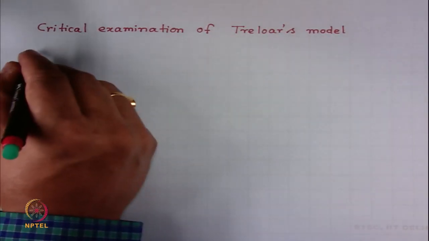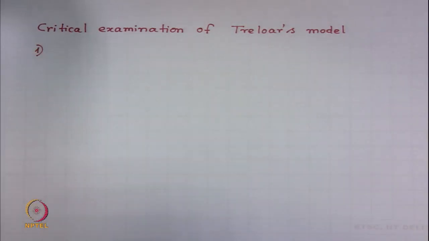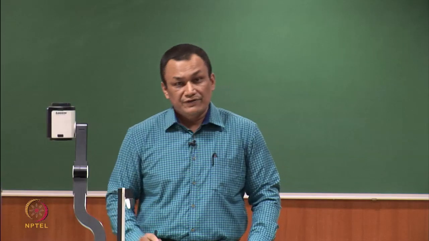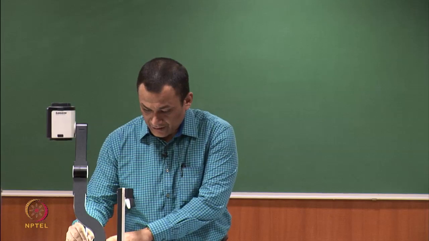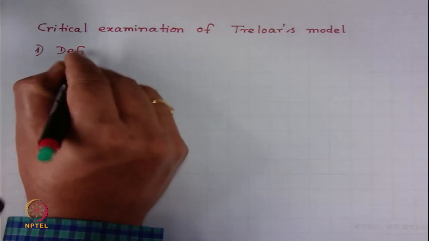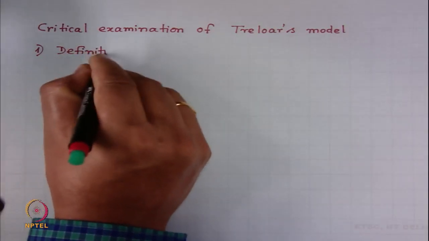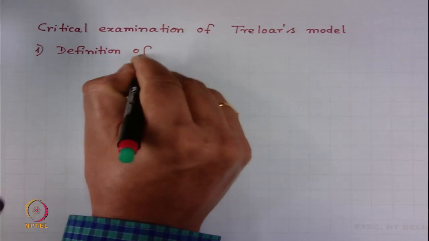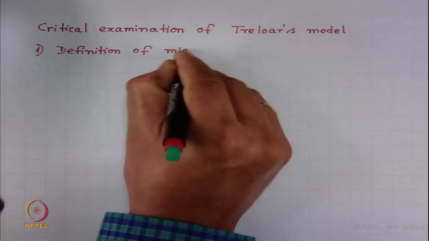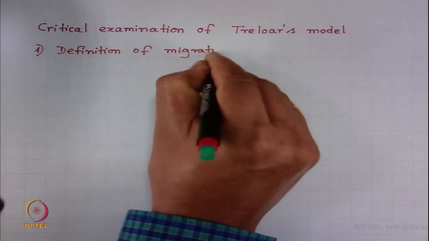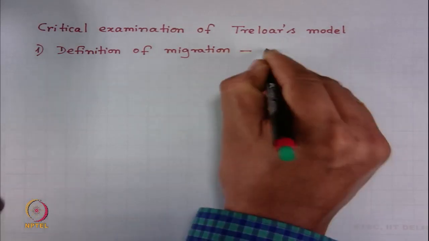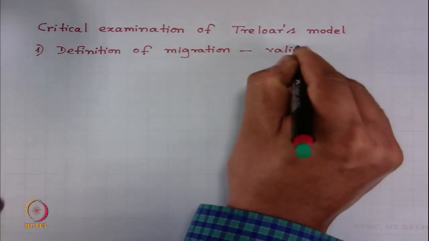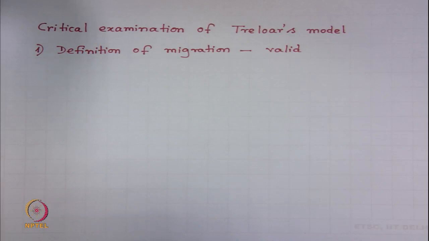If you remember, the first assumption was related to the definition of radial migration, which is no doubt valid.